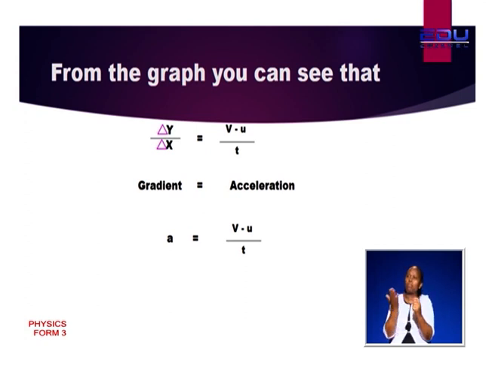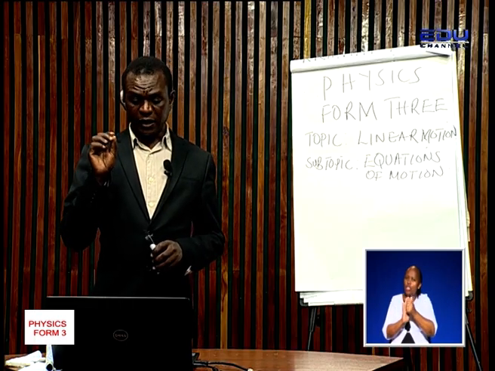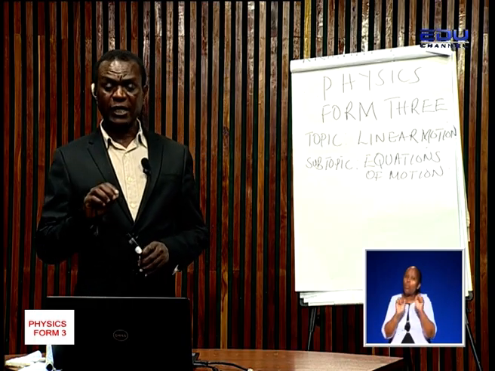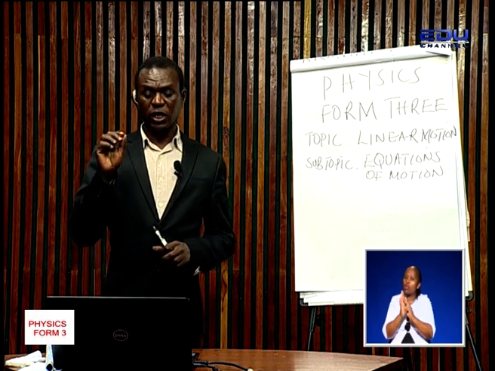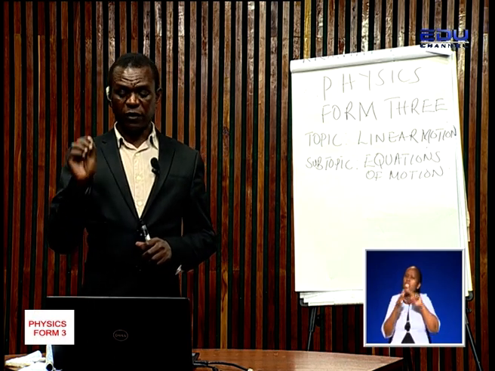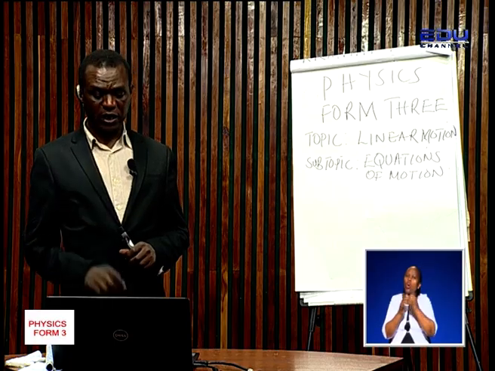That is the gradient, which is equivalent to the acceleration. So therefore, a equals (v minus u) over t. That means if you're given acceleration, you can find the initial velocity or final velocity or time, depending on the type of question.